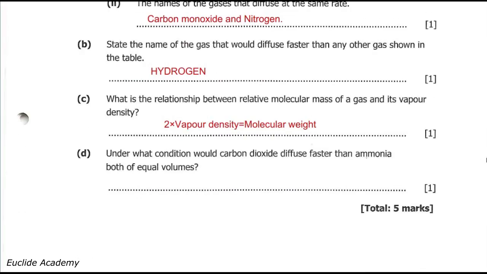They are the factors that affect rate of diffusion that we talked about, which might include temperature. We can say carbon dioxide will diffuse faster under high temperature because it has more kinetic energy.